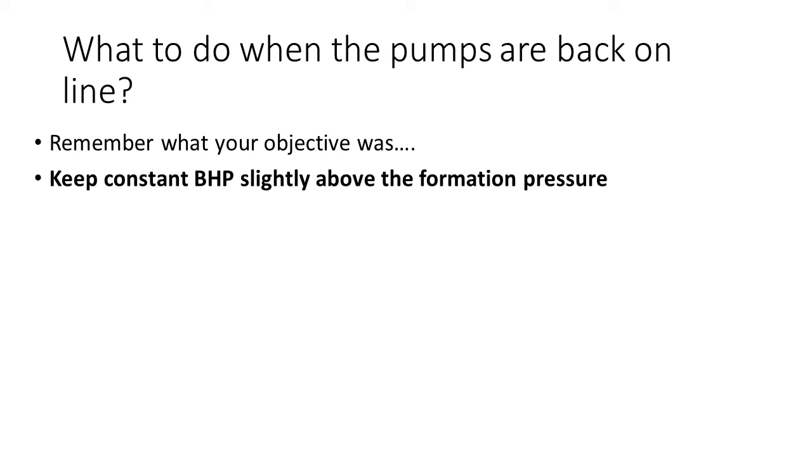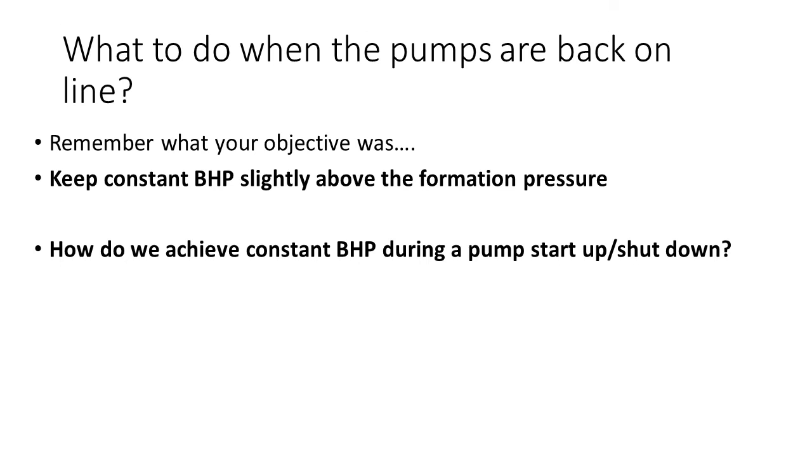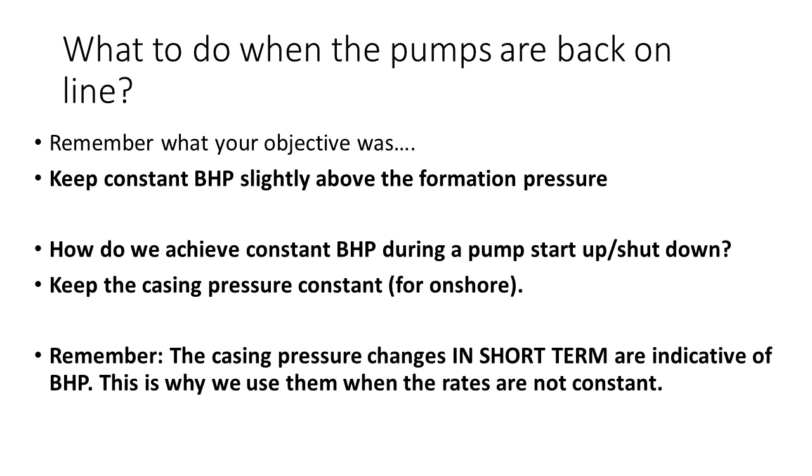Now we're going to keep constant bottom hole pressure slightly above formation pressure by doing a pump startup where we keep casing pressure constant. That's assuming that we're on shore, or we adjust casing pressure for a frictional pressure loss in the choke line if we're offshore. Remember, the casing pressure changes in the short term are indicative of bottom hole pressure.